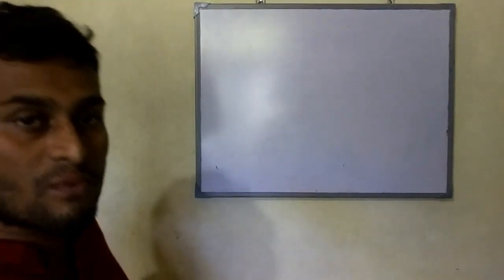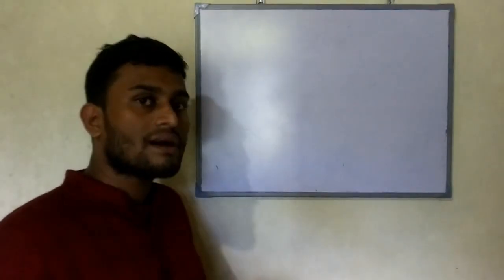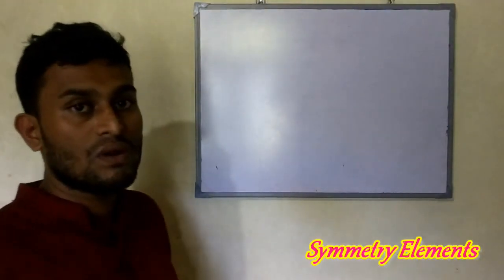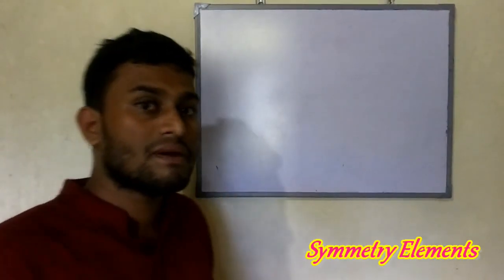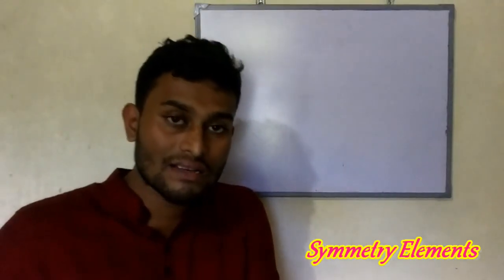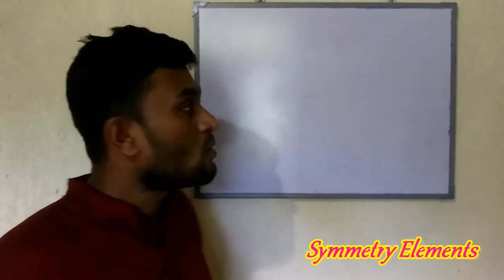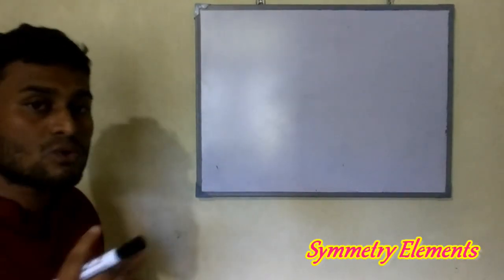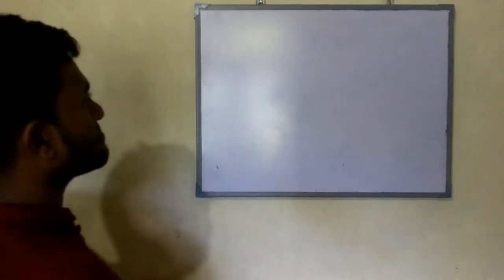So before going for the examples, when you are writing symmetry operations or symmetry elements for a molecule, you need to indicate the symmetry operation as well as the Schoenflies symbols, or the point groups. Schoenflies symbols means point groups. So how to determine the point groups?